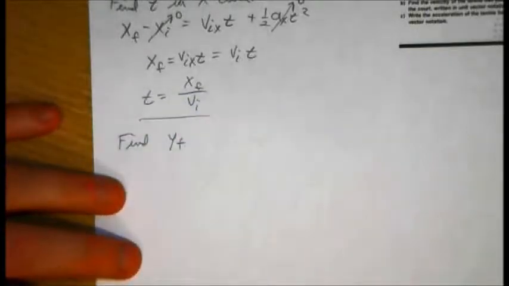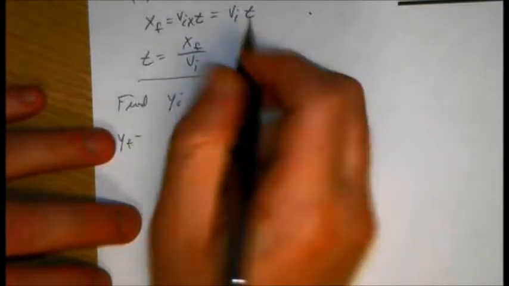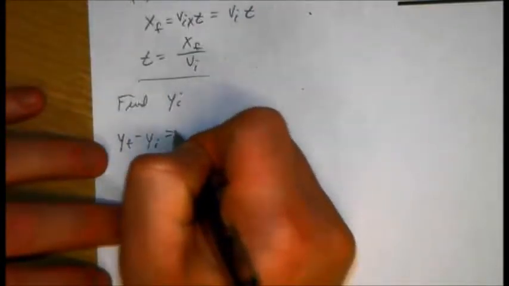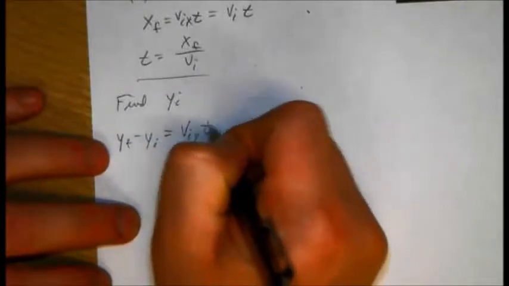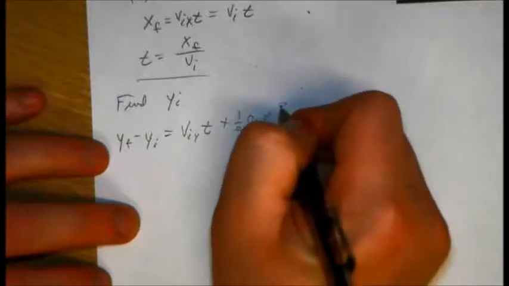And now come over here and find y initial. Okay? So we're finding y initial, not y final. We know what y final is, it's 0. So y final minus y initial equals v_iy t plus 1/2 a_y t squared.